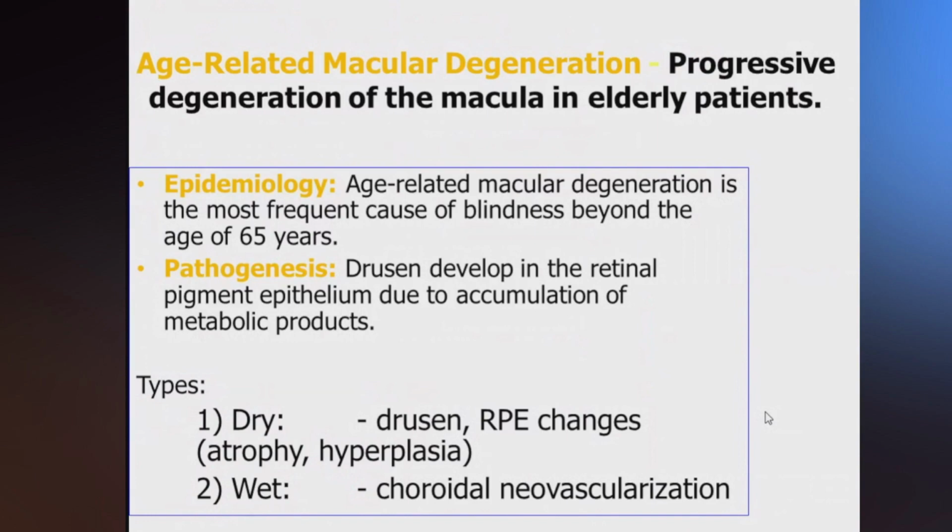In dry age-related macular degeneration, during examination we can see drusen in the macular area, pigment epithelium changes like atrophy, hyperplasia. In the wet type of age-related macular degeneration, we can see choroidal neovascularization and severe edema.